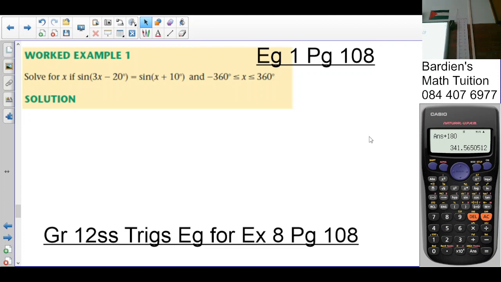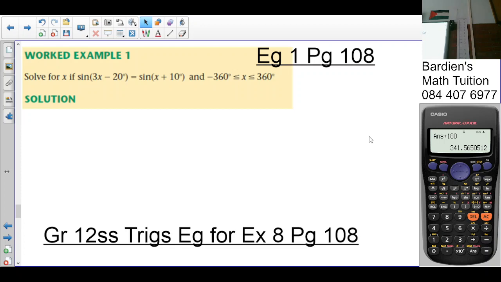So the question says solve for x if sine (3x minus 20) is equal to sine (x plus 10), for x greater than or equal to negative 360 but less than or equal to 360 degrees. What do we notice here?